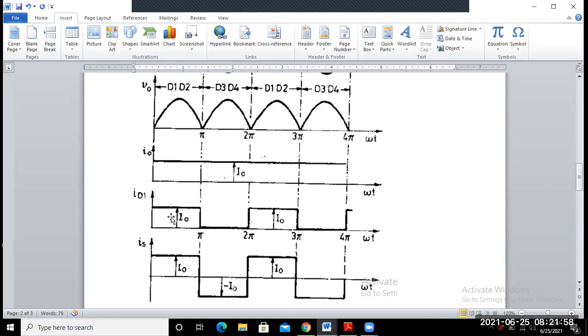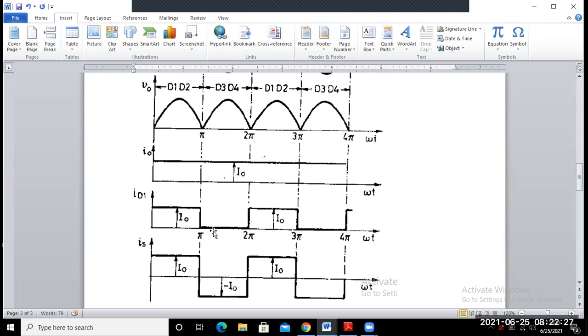What is the average current through the diode? So the average current of the diode equals I0. For how long do we get it? Up to pi, out of 2 pi.